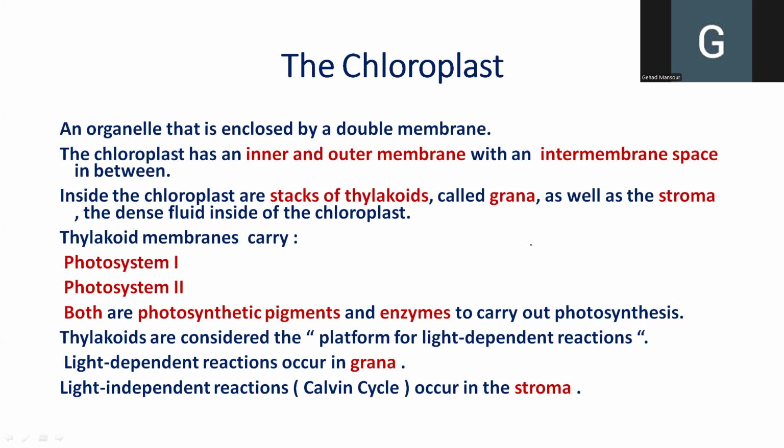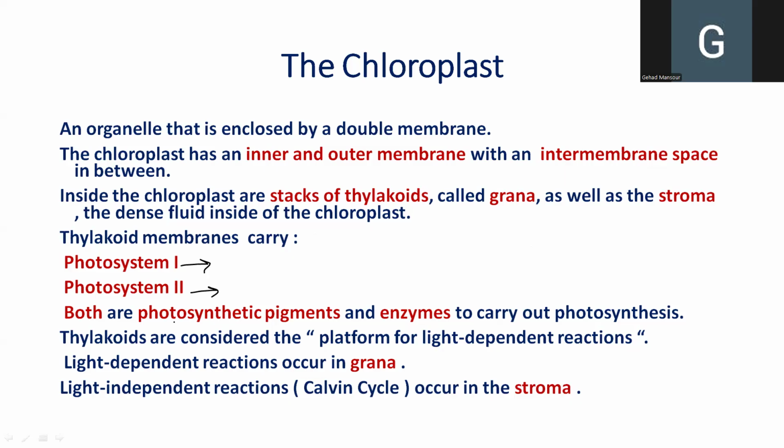And then outside the stacks of thylakoids, we have the stroma. The thylakoid membrane, as we said before, carries a series of enzymes and electron carriers that are classified into photosystem 1 and photosystem 2.